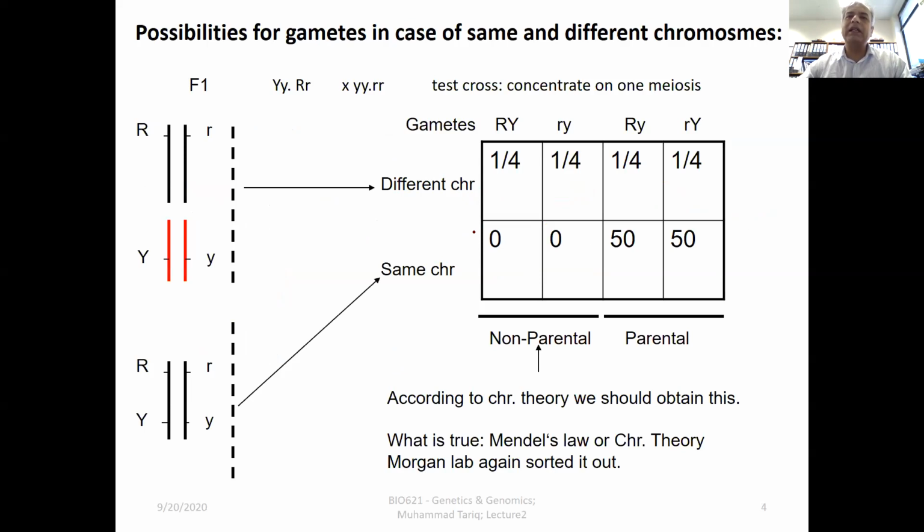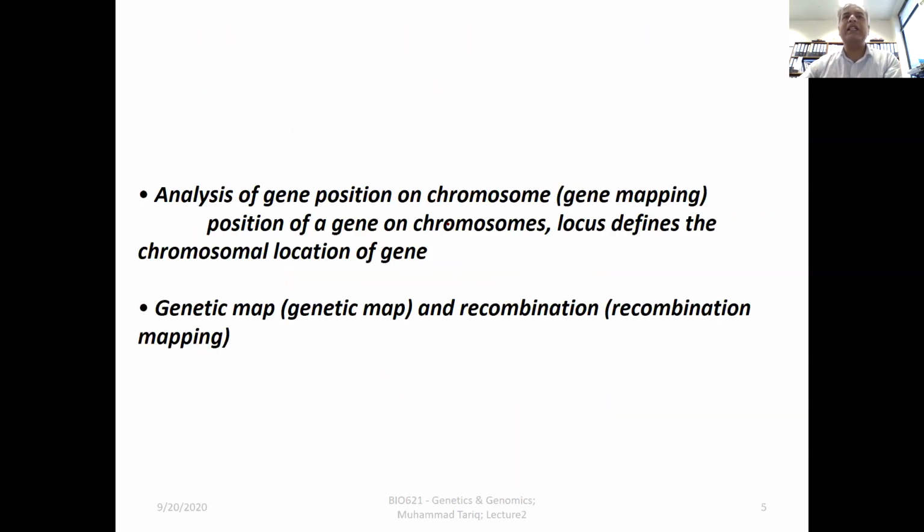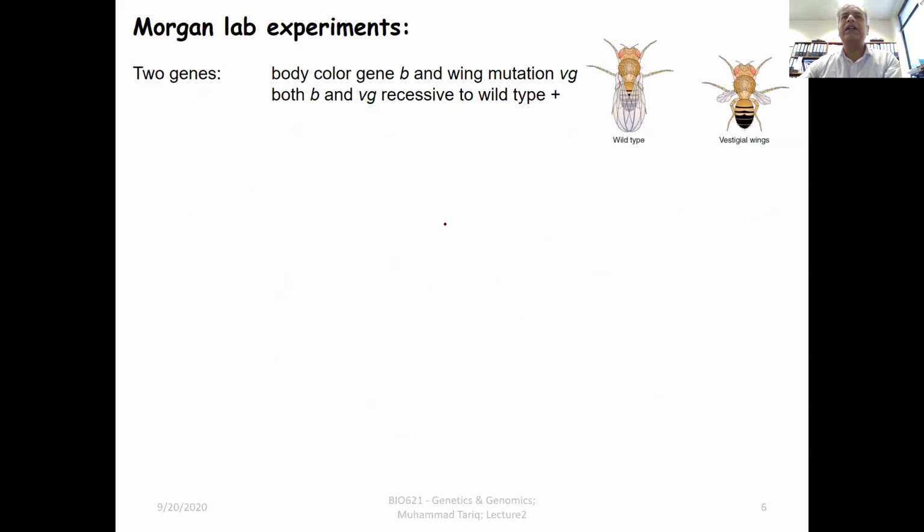And last time we saw that this short-lived conflict between the Mendelian law of independent assortment and the chromosomal theory of inheritance was resolved by Morgan's lab by famous experiments which were done by Sturtevant. We took the example of the black body color gene and the vestigial gene.